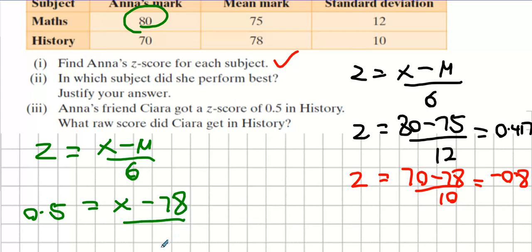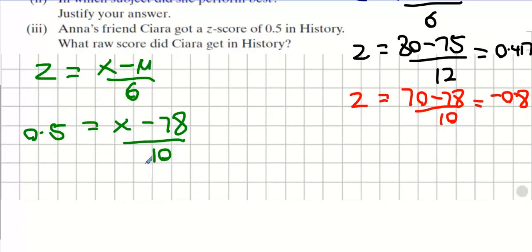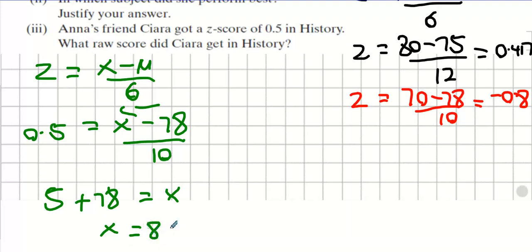Did you think she gets above or below 78? How do you know it's above? It's a half a standard deviation added on, isn't it? So it's 10 multiplied by 0.5, which is 5, plus 78, because it goes over the other side. So X equals 83.